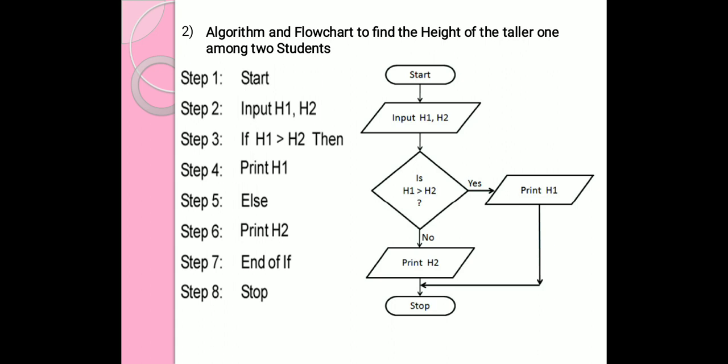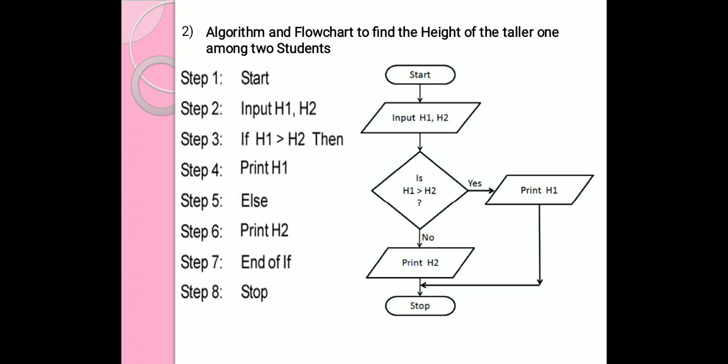The rhombus has one flow in and two flows out. Here, is h1 greater than h2? Is it true? If it is true, go to yes, that is print h1. Else, if it is wrong, go to print h2. Then combine these two, and the last step is stop.